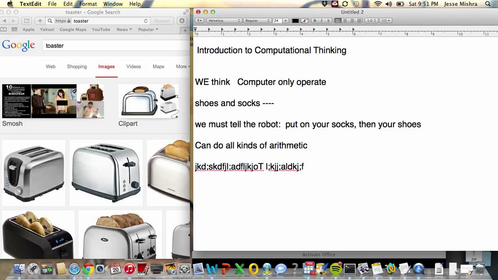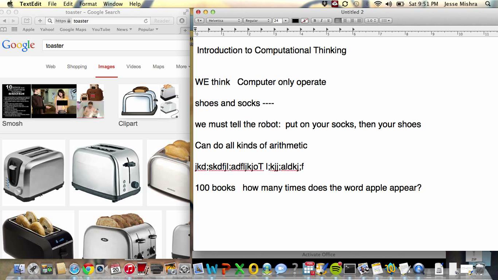So there are a lot of tasks which are, for example, boring to humans, and computers can do them efficiently and quickly and save us from having to do them ourselves. For example, if I gave you 100 books to read and said, how many times does the word apple appear? Well, that doesn't sound very interesting.